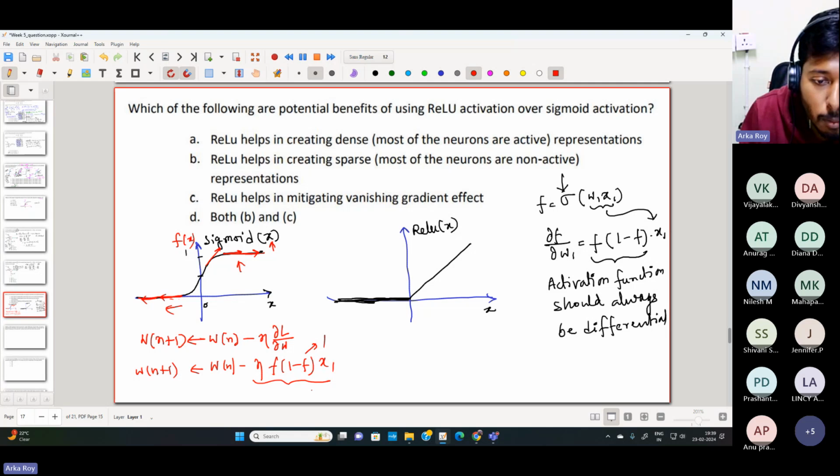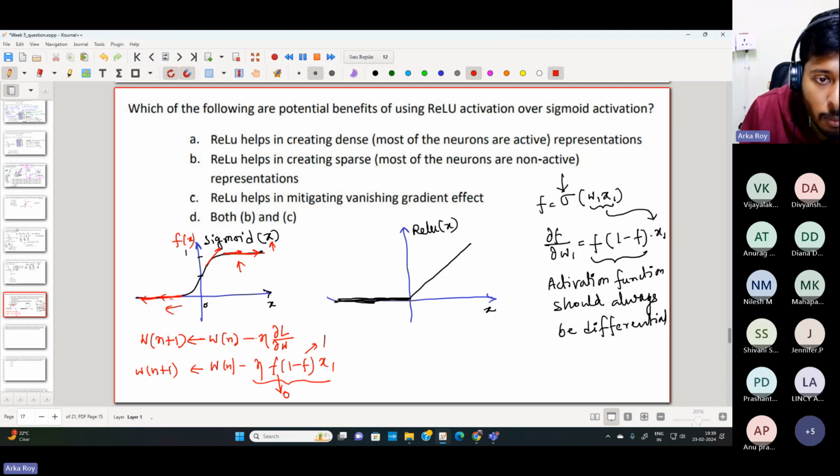The same thing happens when the X value is very small. If the X value is very small, the sigmoid output will be almost equal to 0. If F is equal to 0, then the multiplication will also vanish, and this whole thing will also vanish.